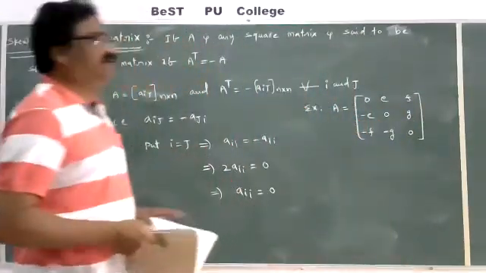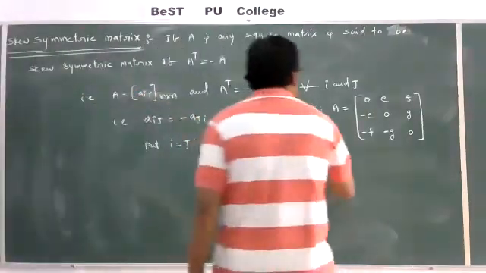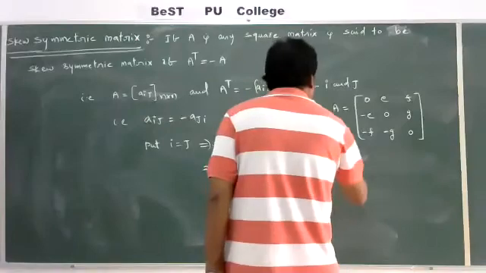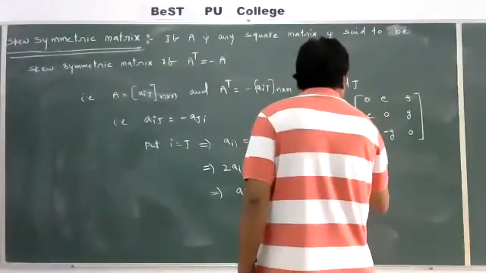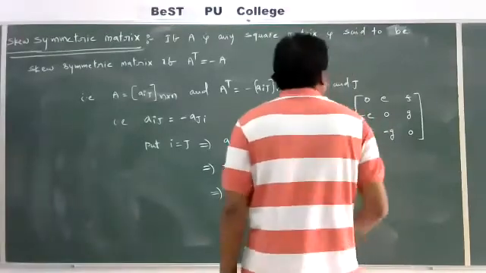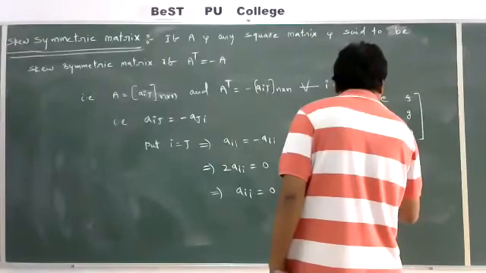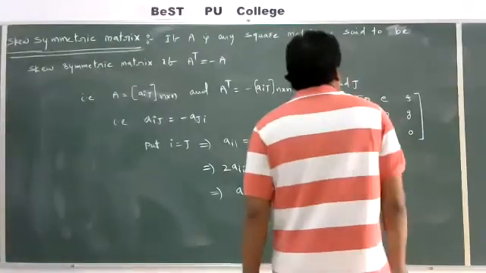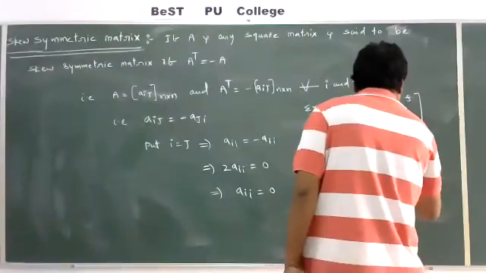Then you write A transpose: first row is first column, 0, minus E, minus F, second row is second column, E, 0, minus G, third row is third column, F, G, 0.